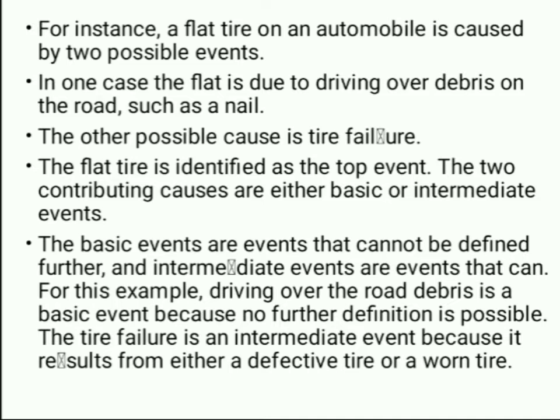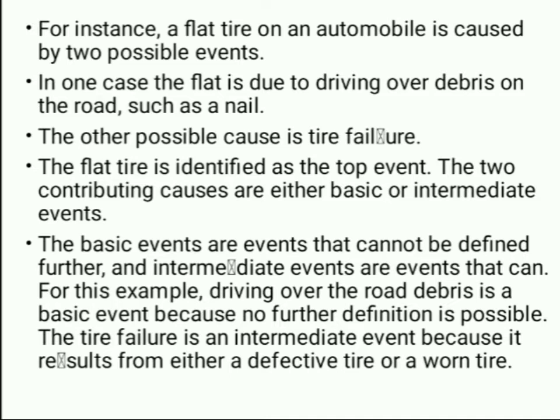The example given is a flat tire in an automobile or vehicle. There are two possible events for that flat tire. One is driving the automobile over debris on the road, such as nails, which may cause a flat tire.